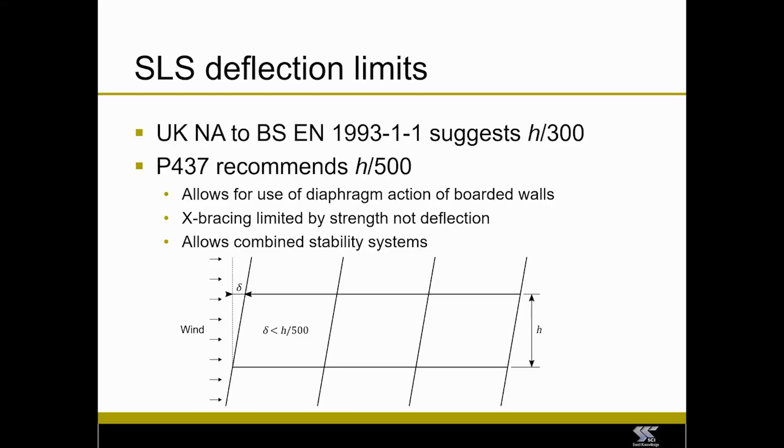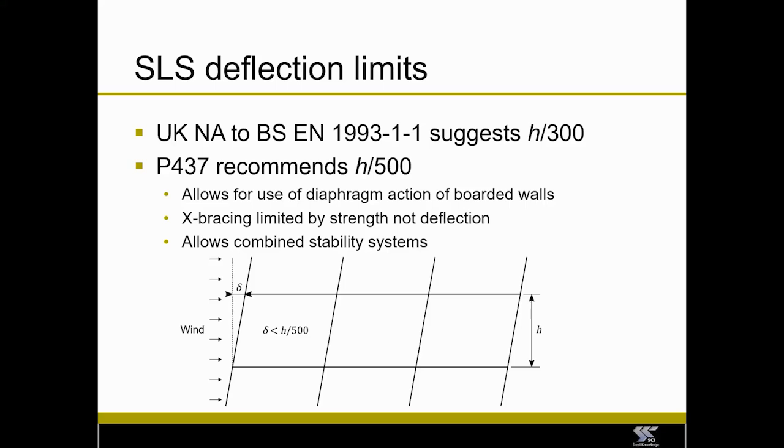Firstly, it allows for the use of diaphragm action from boarded walls. That's something that we'll come on to in a few slides time, but that H/500 limit is quite important to make sure we don't get excessive deflections with those boarded walls, when it's not a purely steel system, so we've got some other materials that need to be taken into account with the board materials.